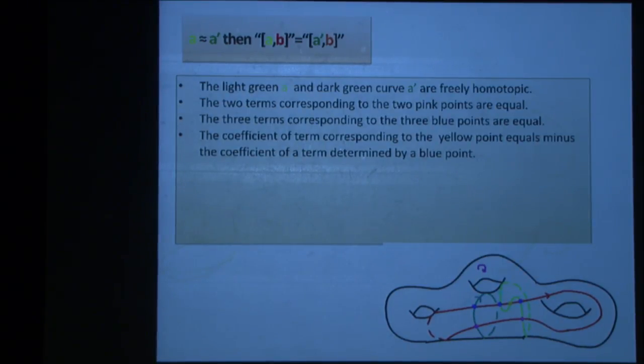But again, it's not hard to see that they have the same curve. So when you compute this bracket, you get 4 terms because there are 4 intersection points between the red and the light green. But the term corresponding to the yellow is the same class as the blue with opposite sign. So they cancel and you get the same thing.